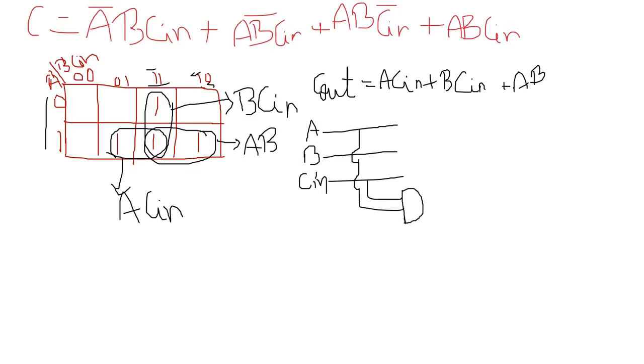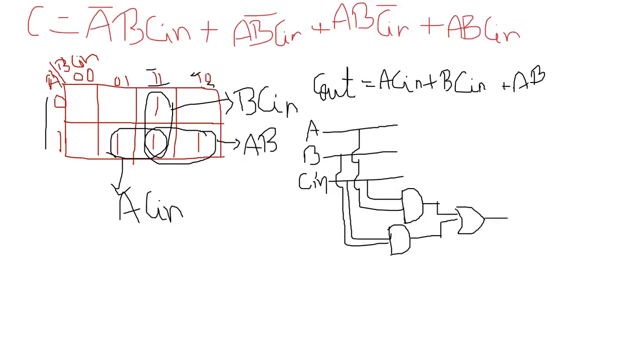Let this output be like this. Then B, C in AND gate. So we combine these two with an OR gate.